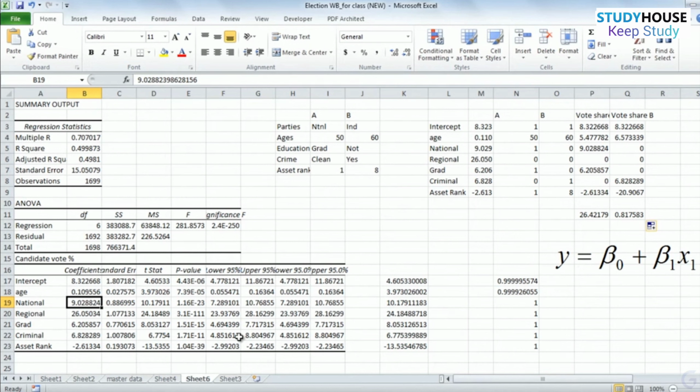Given the constraint in the data, the set of x variables which we identified, which we thought could play some role, were the age of the candidate, the kind of party he comes from, whether the candidate is educated, or whether the candidate has a criminal record. Is the candidate quite rich compared to others? These are the variables which we identified. We then created some proxy variables. The proxy variable was converting from total assets to the asset rank. We ran a regression and then we got a model which can be fairly used for predictive purposes.